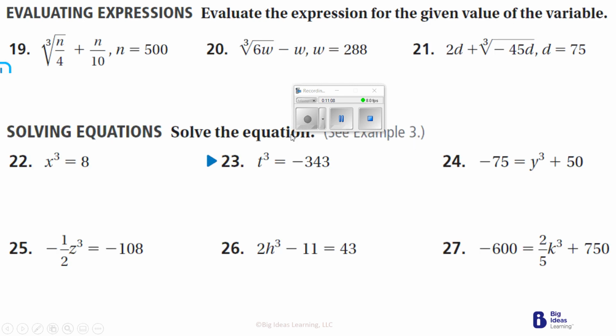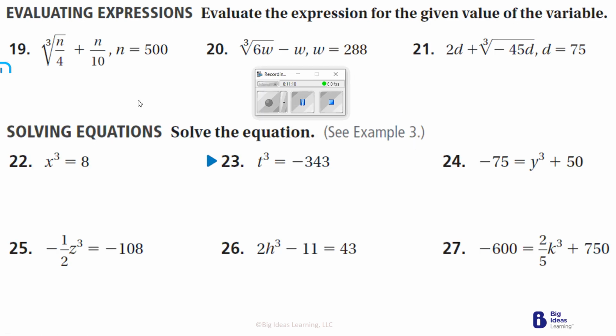Number 19 is next. Number 19 says, I've got the cube root of n over 4 plus n over 10, where n is 500. So this means we've got the cube root of 500 over 4, and we're going to add 500 over 10. All right. I know 500 over 10, I can cross out the zeros.